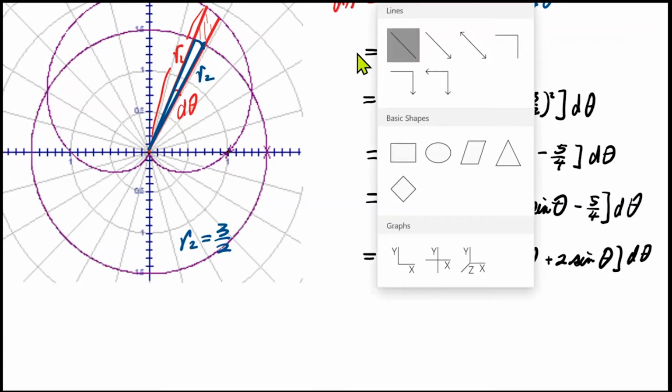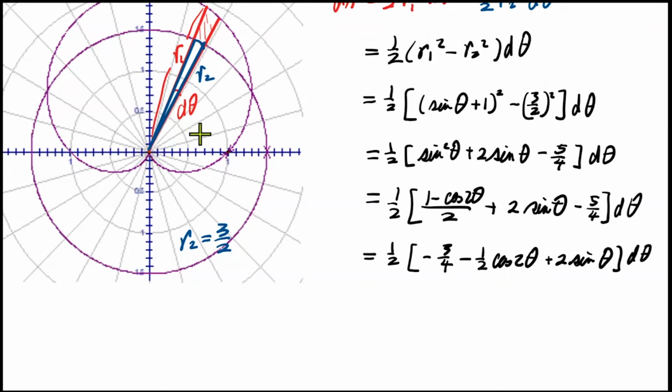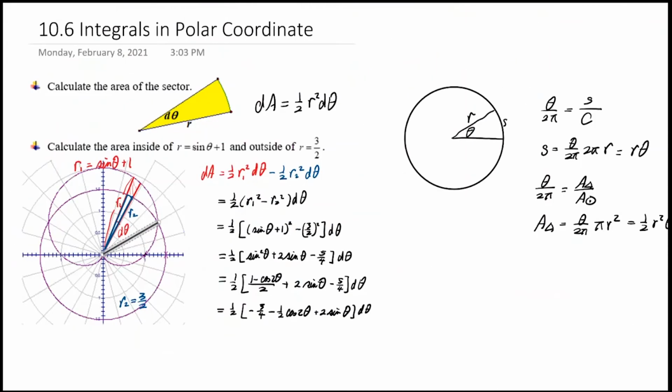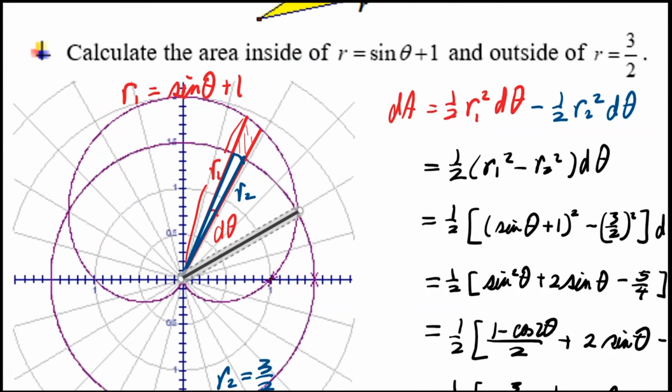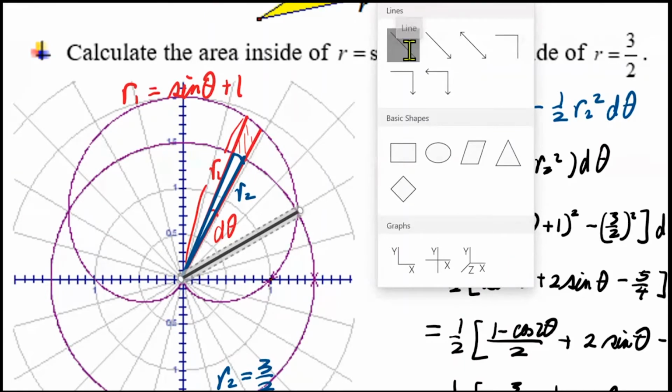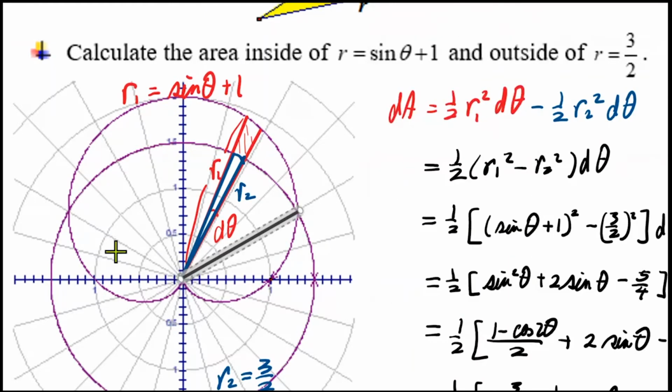It appears from the picture we want to integrate from here, to here. Right? So it appears our limits of integration happen only there, so this is pi over 6 to 5 pi over 6, right?